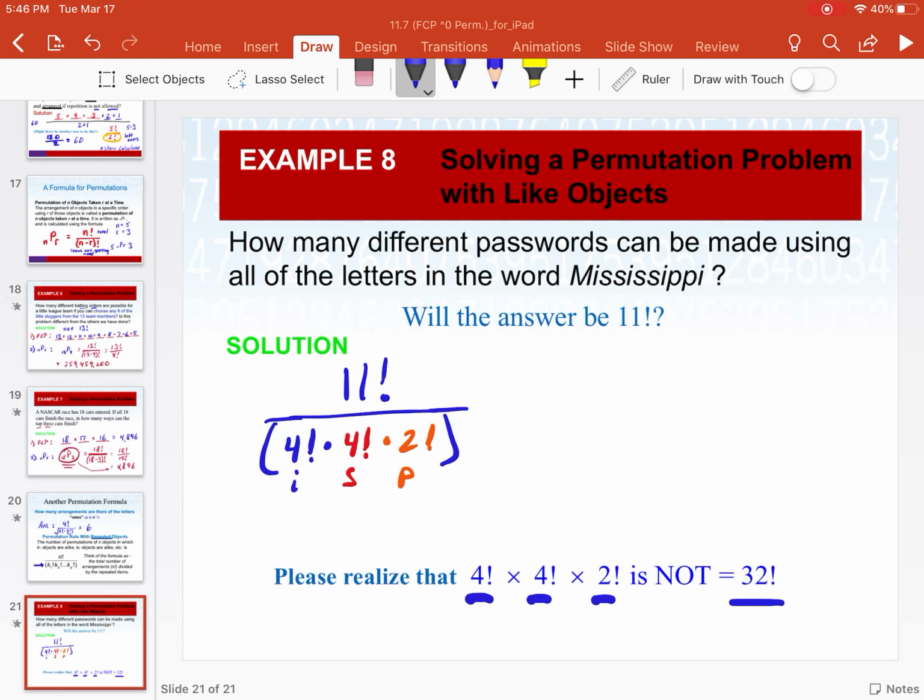So let's jump to the calculators and let's do this. I asked you to already do it, so let me just kind of quickly do this guy, and let's see what we get. So 11 factorial divided by 4 factorial times 4 factorial times 2 factorial.